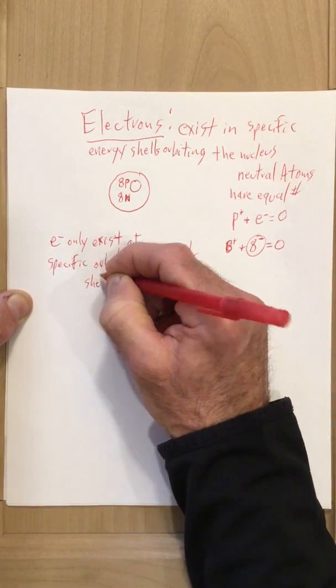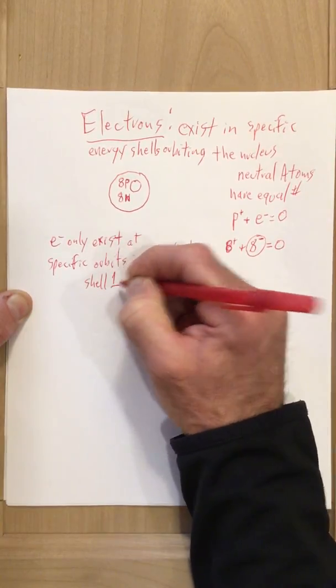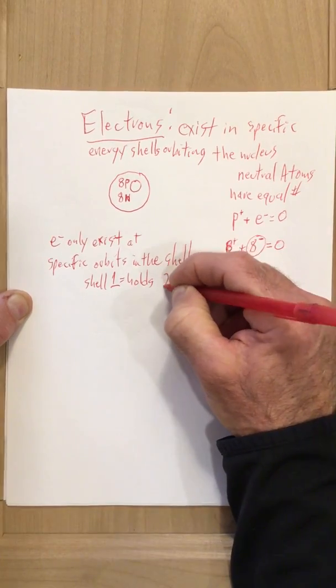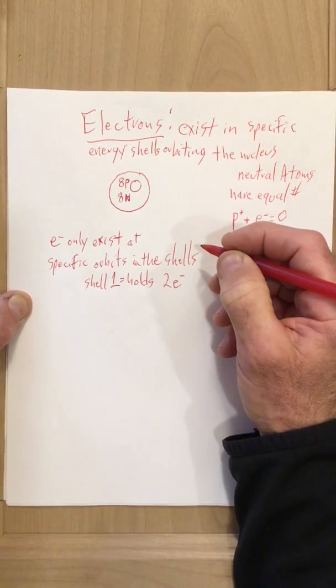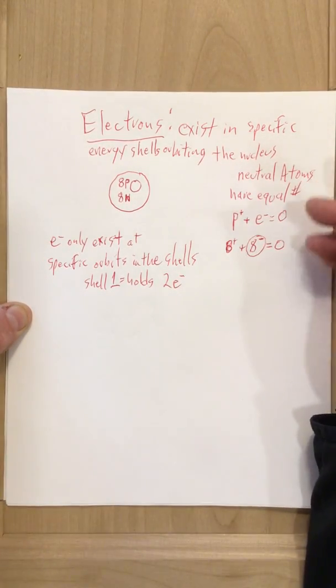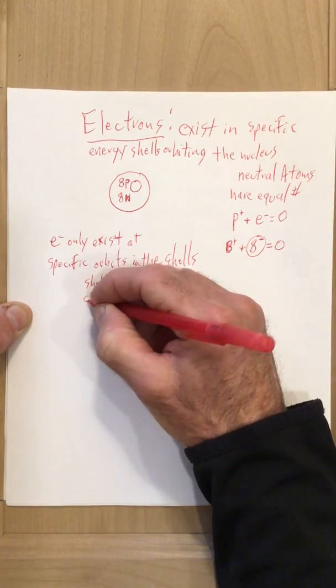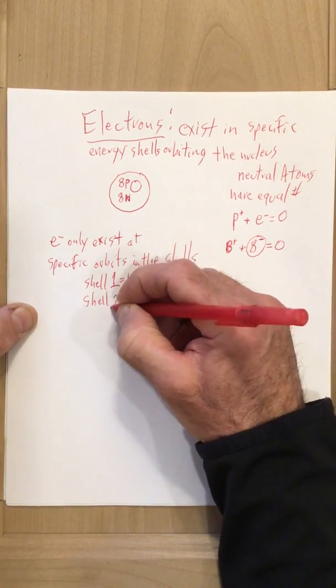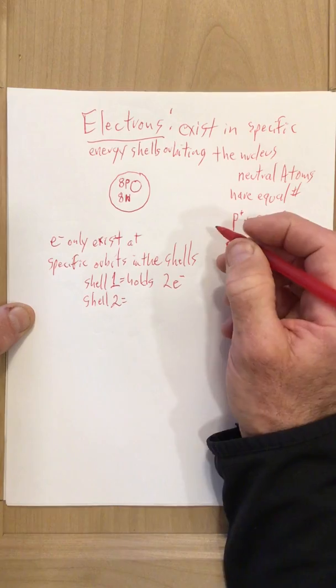Shell 1 holds 2, exactly 2, and it has to be full. In general, an atom is going to do everything it can to fill that first shell with 2 electrons. Once that shell is full, then you have to move on.